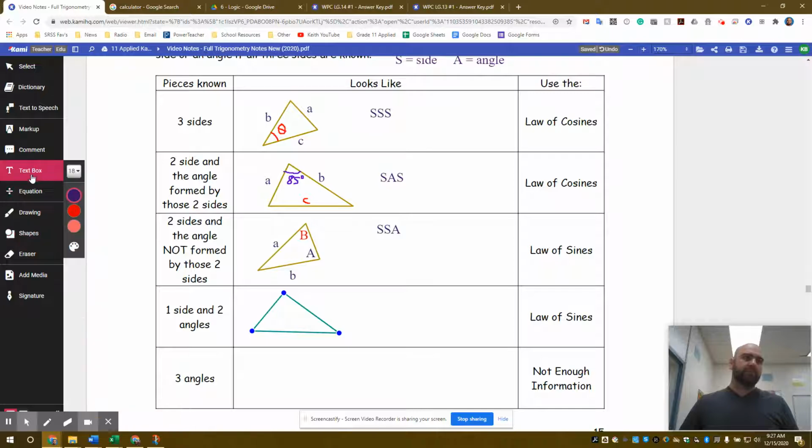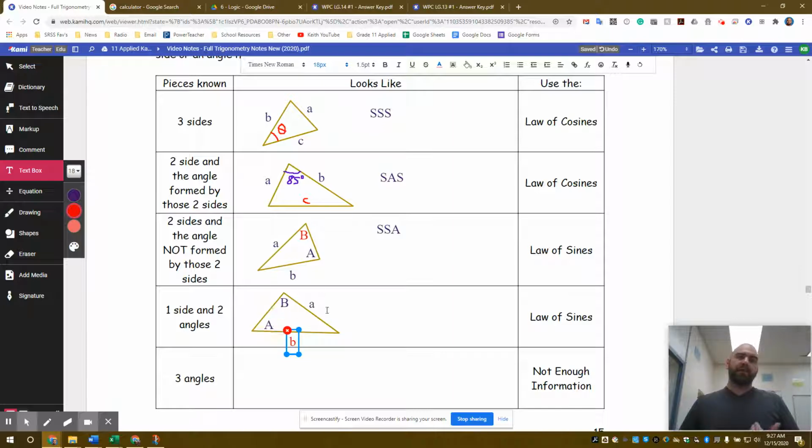Let's say we're given this angle, we're given B, and we're given A, and let's say we are also given little a right here. Then we can solve for little b. We could also solve for angle C, using the property of triangles, and we could use that to solve for little c.